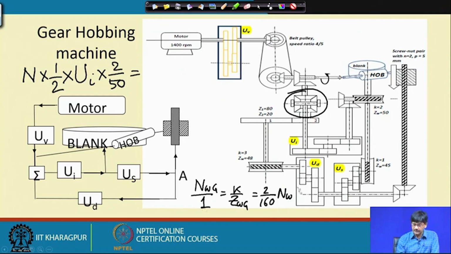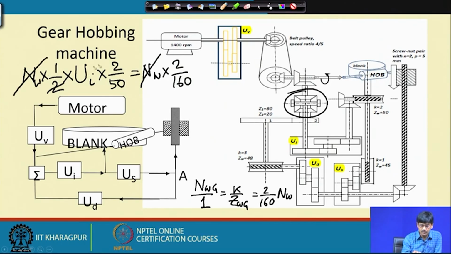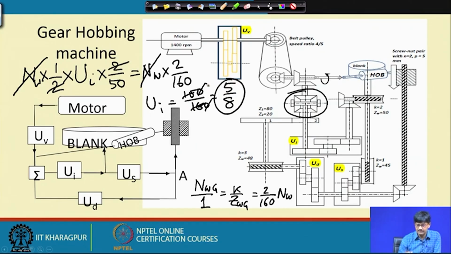We simply put this value here, N worm multiplied by 2 by 160, and therefore, UI can be solved. N worm cancels out, and we have 2 and 2 cancelling out, and therefore, UI is equal to 100 by 160. So, this cancels out, this is 5 by 8. UI is equal to 5 by 8.